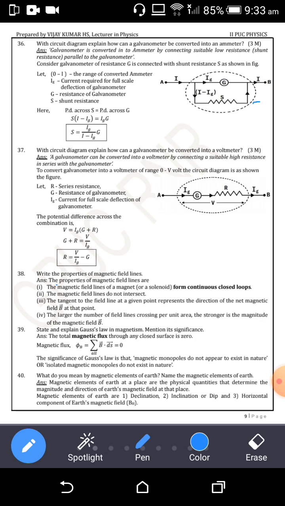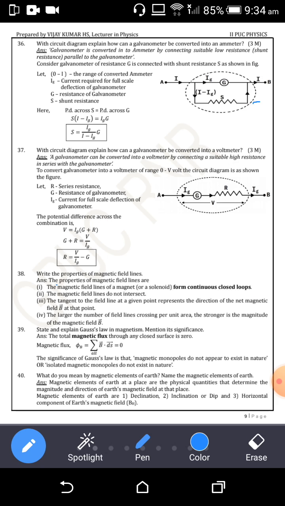Now we need to convert this galvanometer into an ammeter. We convert it by connecting a suitable low resistance in parallel to the galvanometer. You can see in the figure a galvanometer represented by G, and Ig is the current flowing through the galvanometer.